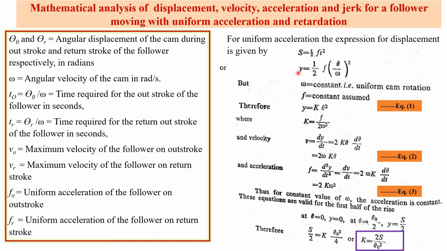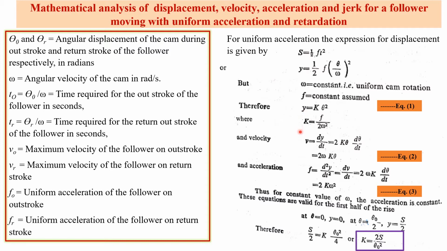So y is equal to k times theta square, where k is nothing but f upon 2 omega square. These are the constant parameters. So y can be written as k times theta square. This is equation number 1, which is nothing but the equation for the displacement of the follower.